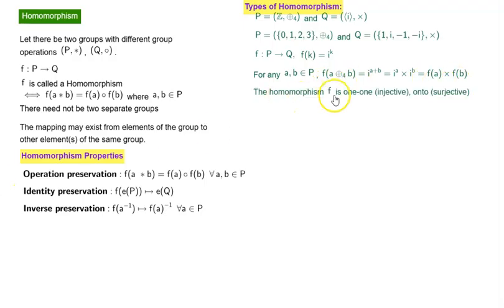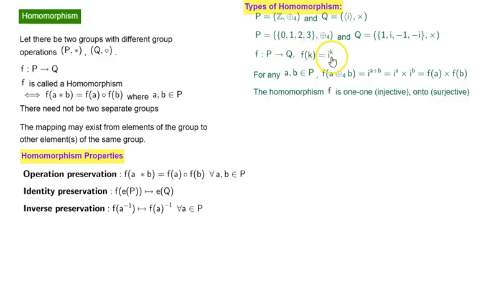So the homomorphism F is 1-to-1, that is injective, and onto, that is surjective. If both are applicable, then we call it bijective. What does this mean, 1-to-1 and onto? If you notice, if I take an element of P, it goes as an input to the homomorphism.